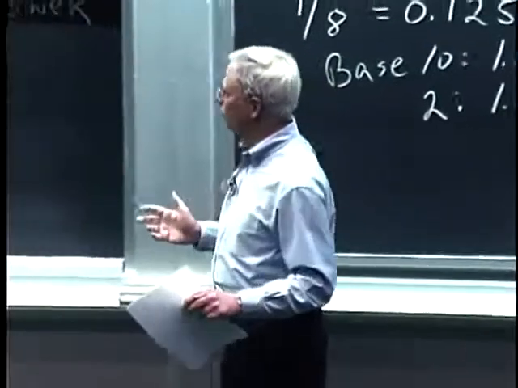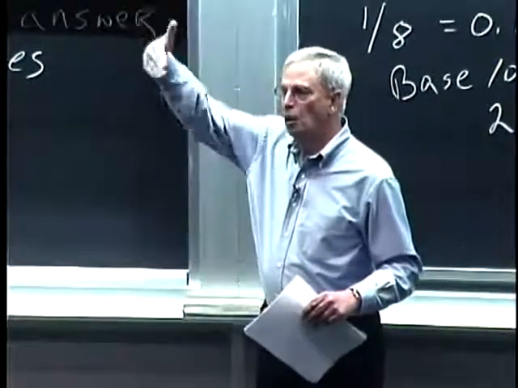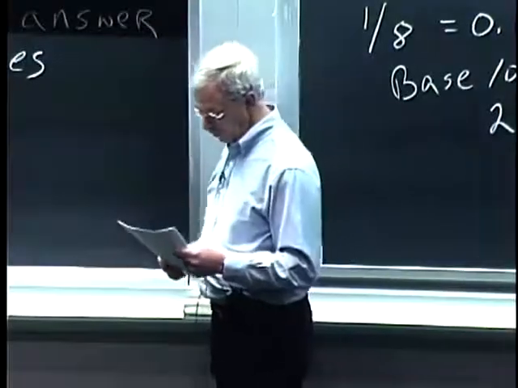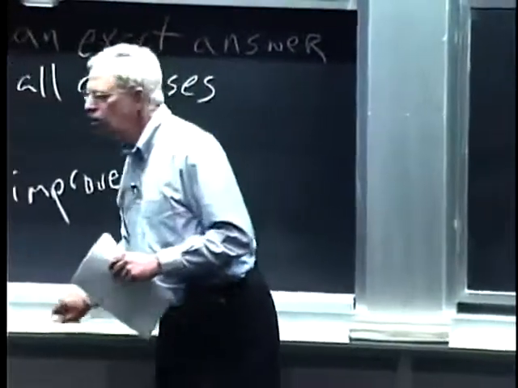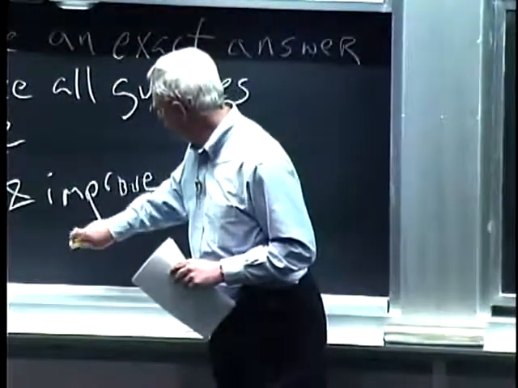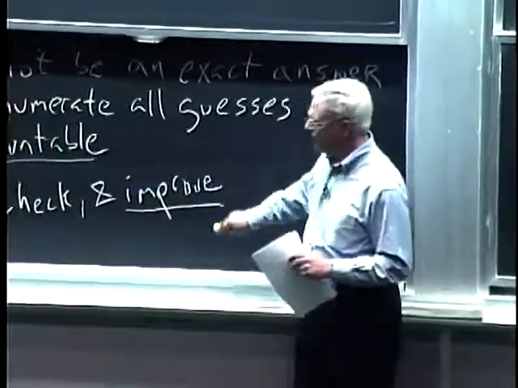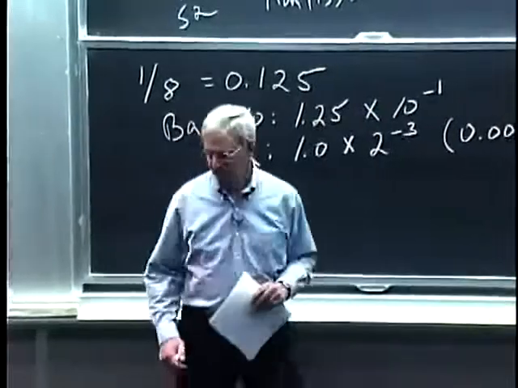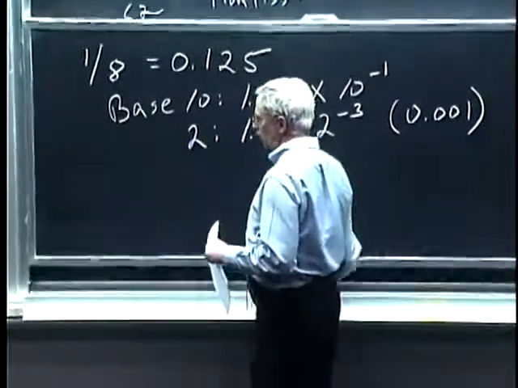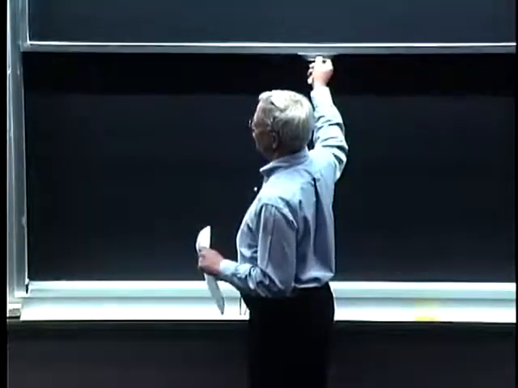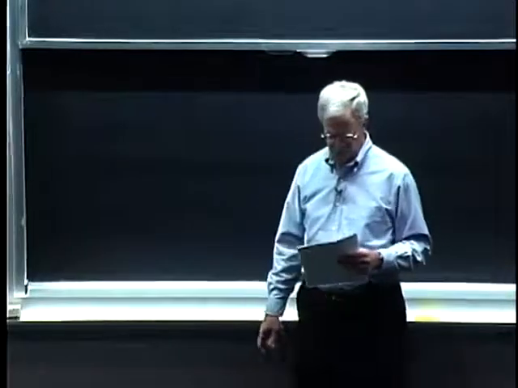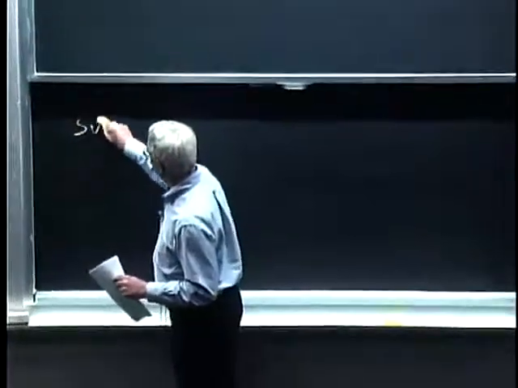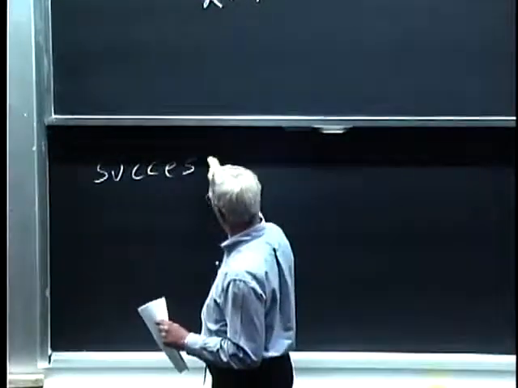We just enumerated possibilities, but we didn't know that one guess was better than the previous guess. Now, we're going to find a way to do the enumeration where we have good reason to believe, at least with high probability, that each guess is better than the previous guess. This is what's called successive approximation.